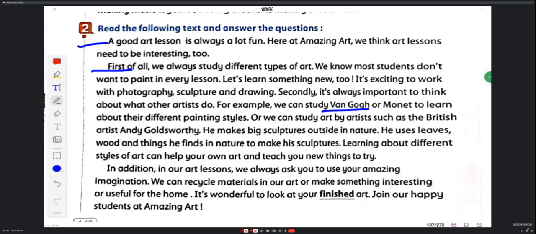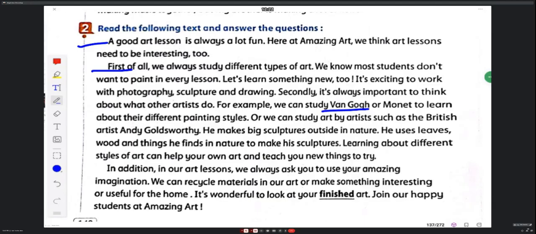Secondly, it's always important to think about what other artists do. For example, we can study Van Gogh or learn about their styles, or we can study artists such as the British artist Andy Goldsworthy. He makes big sculptures outside using leaves, wood, and things in nature.